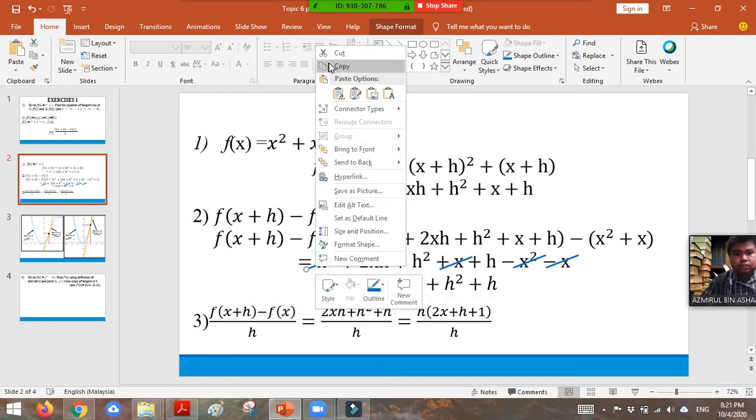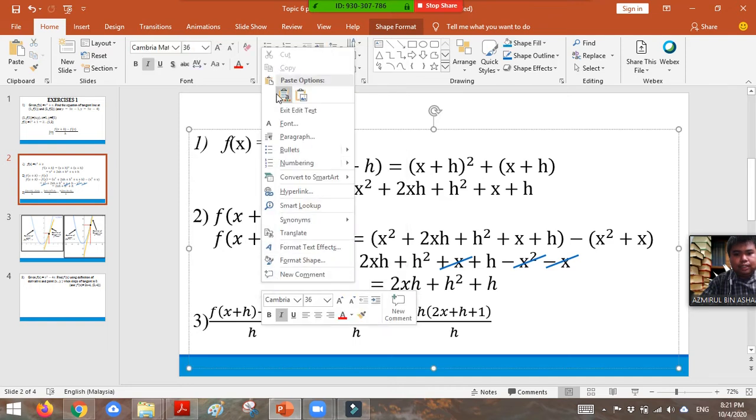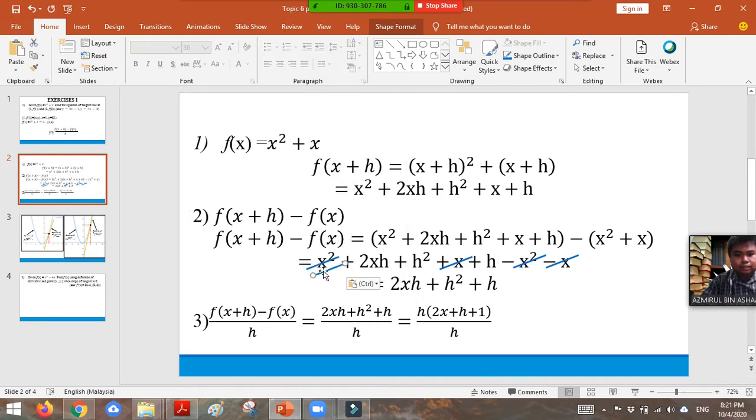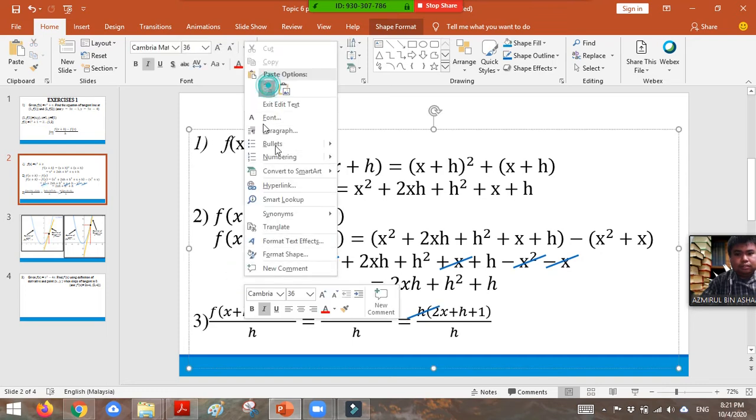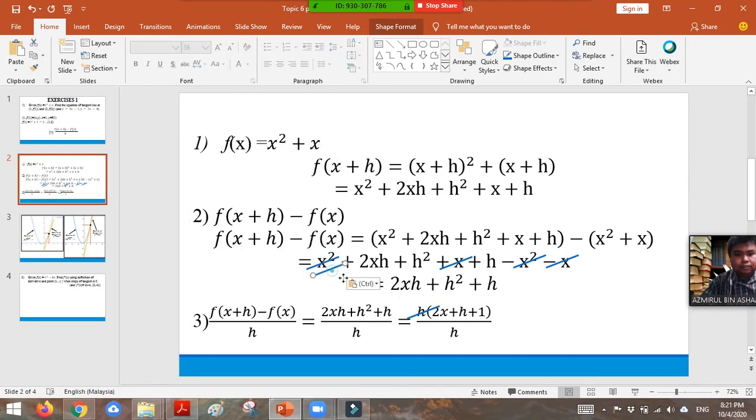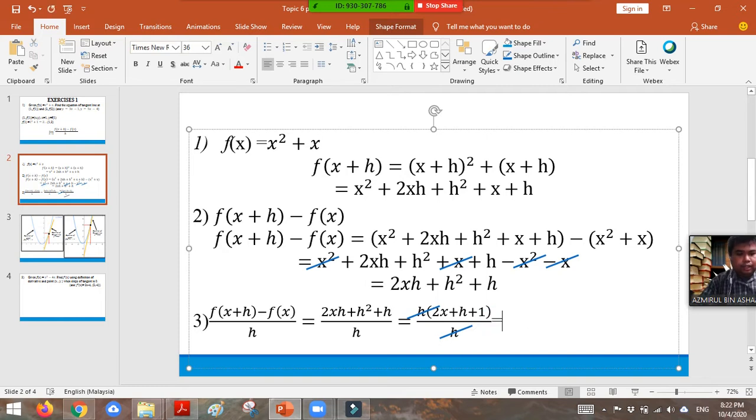And of course, you can see that you can eliminate h with the h, and then you get only 2x plus h plus 1.